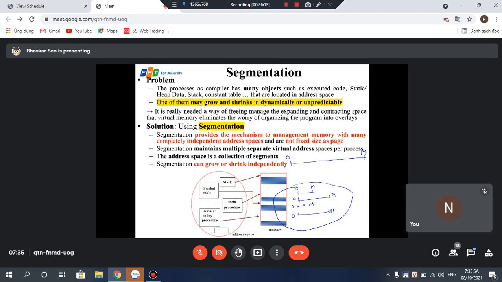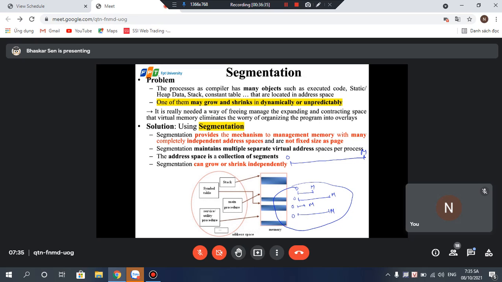Each part of a program, however large, if it falls in a separate segment, can easily be covered by the address space. So that is the first benefit that we get.